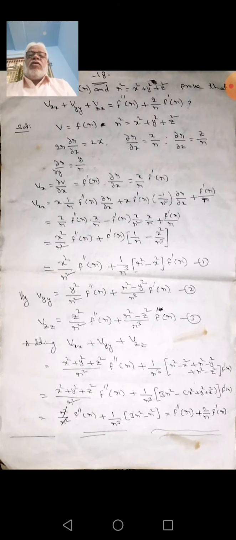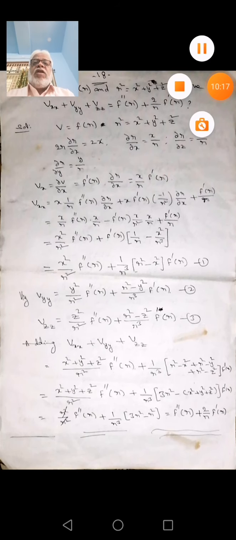So we simplify vxx first, then vyy similarly, and vzz. We add these three to get the LHS, and simplify the RHS. Finally we get the values of vxx, vyy and vzz. So this is the solution for the given problem.